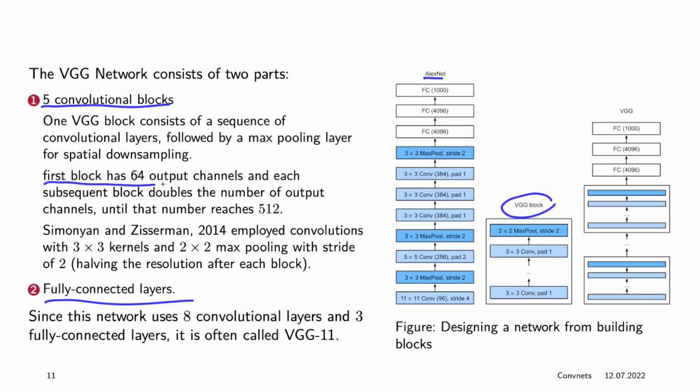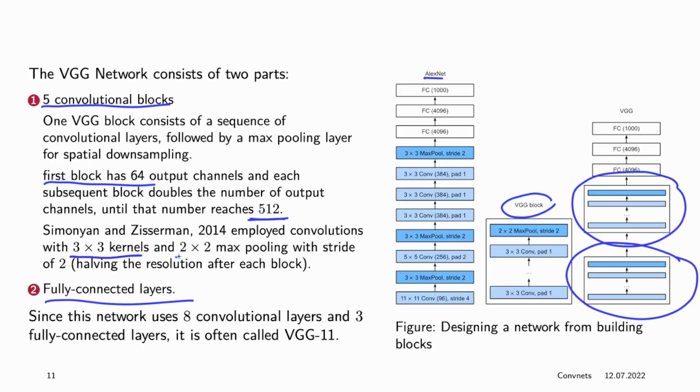The first block in VGG has 64 output channels, and each subsequent block doubles the number of output channels until this number reaches 512. In their paper, Simonyan and Zisserman employed convolutions with 3x3 kernels and 2x2 max pooling with a stride of 2, which halved the resolution after each block.